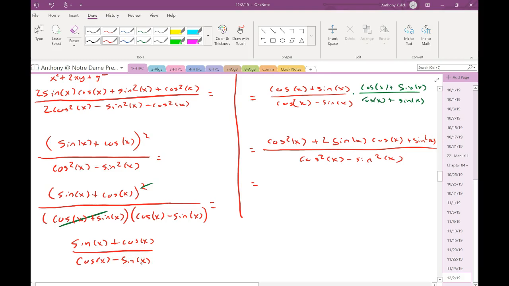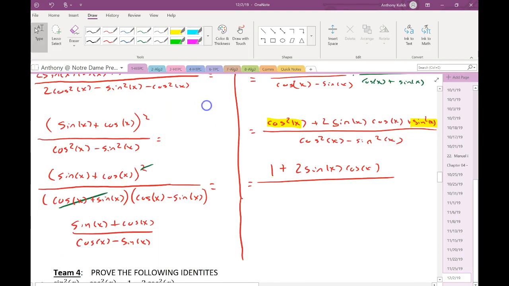If I go to working from the right-hand side, in the numerator I see sine squared plus cosine squared, so that's a 1. And in the denominator, what am I supposed to get to? Okay.